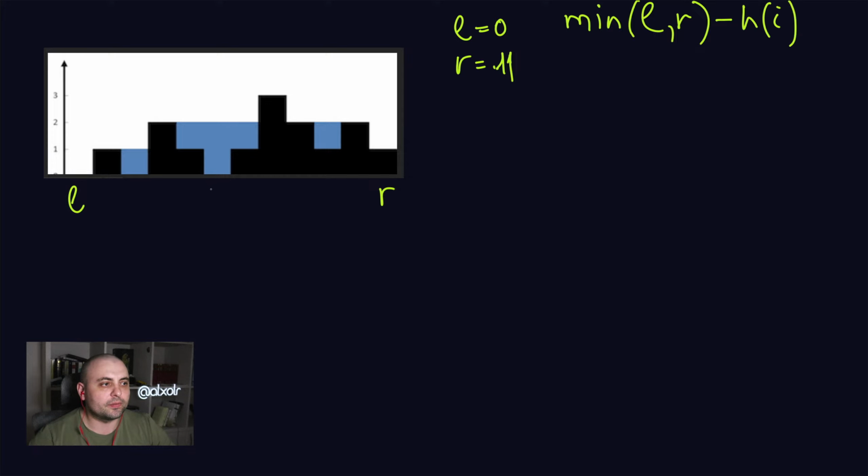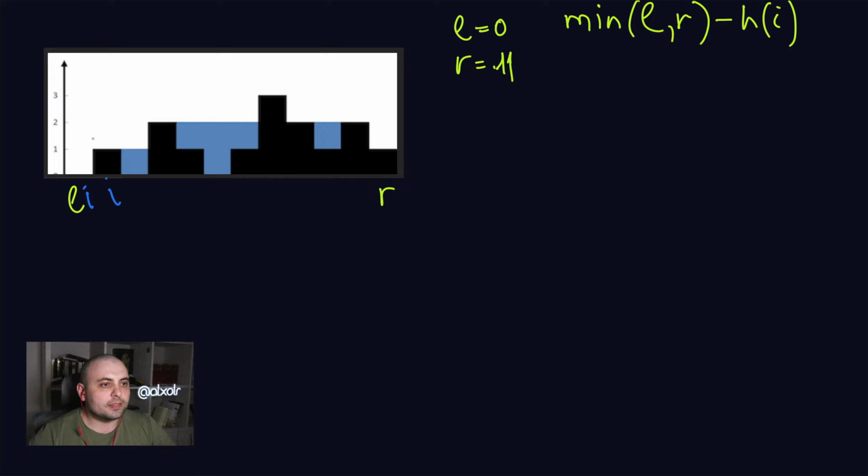So in our case, if we're playing right here, I would be like here, using a different color. The minimum between left and right will be 0, so we cannot trap anything here. We'll be moving on.